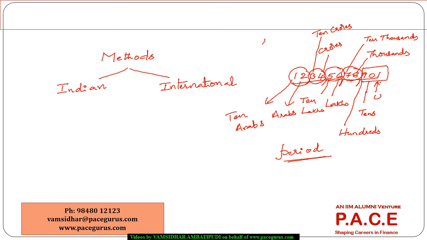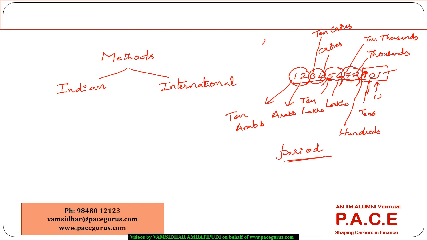Then if I look at the digit 1 here, its value is 1. The 0 multiplied by 10 is 0. The 9 is in the hundreds place, so its place value is 900.